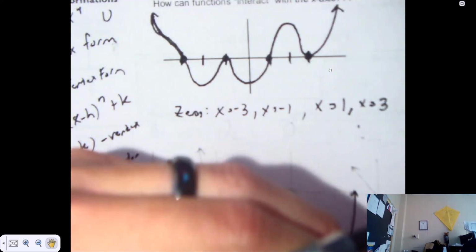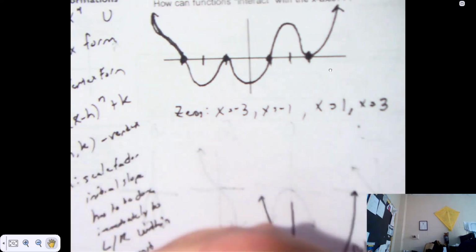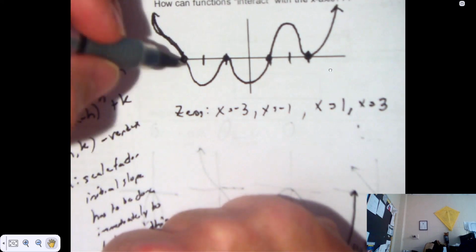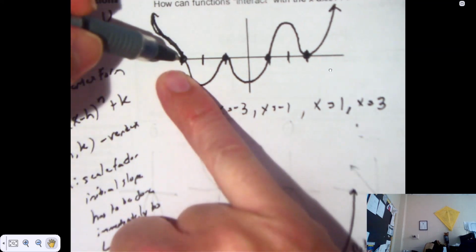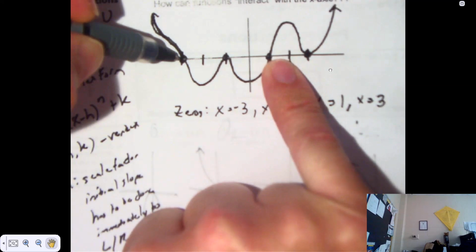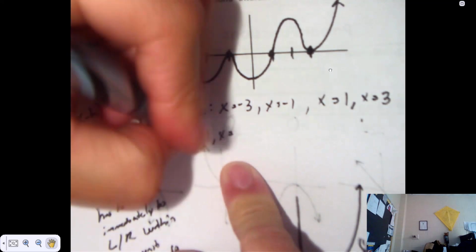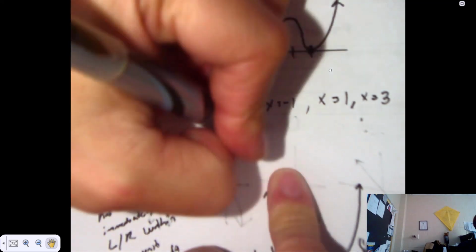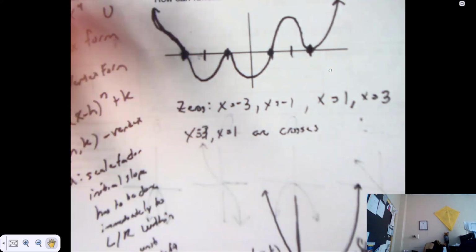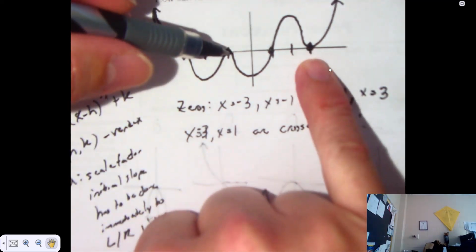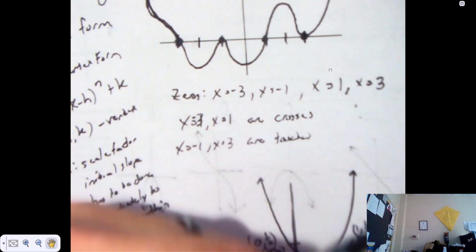Those are your zeros. A couple of these are kind of specials. The -3 and the +1 are what we call crosses, because they cross the x-axis. The -1 and +3 are touches because they touch the x-axis.